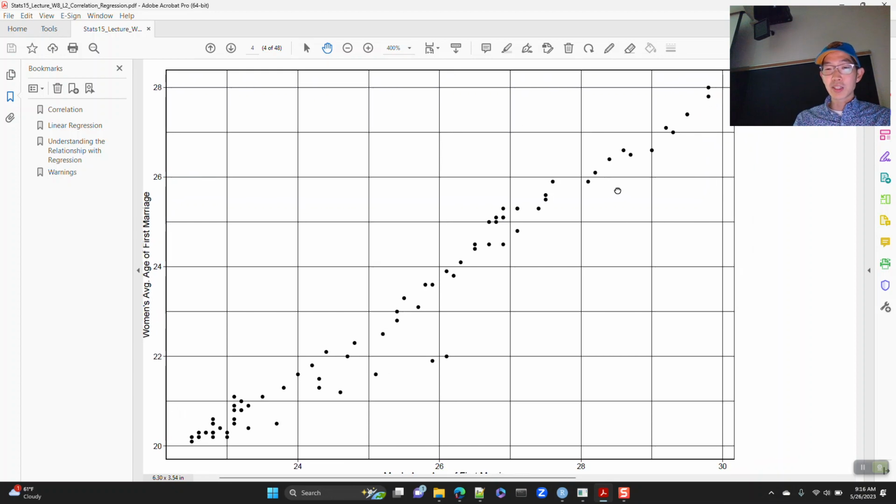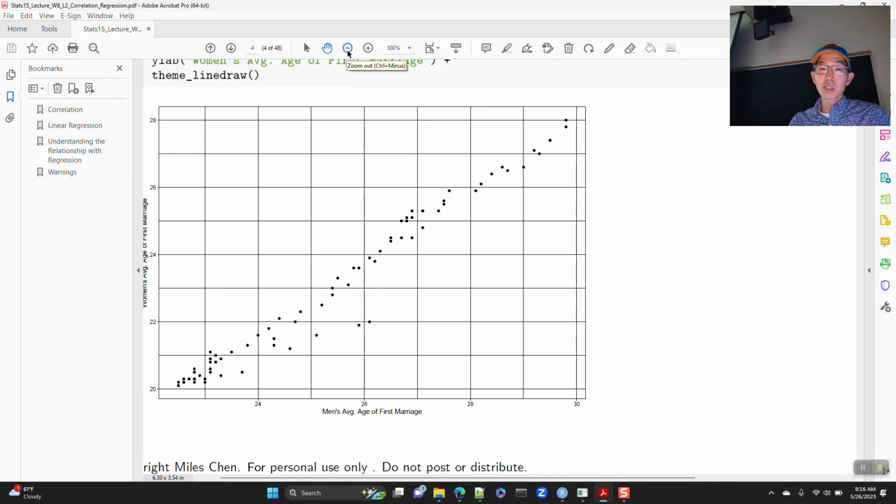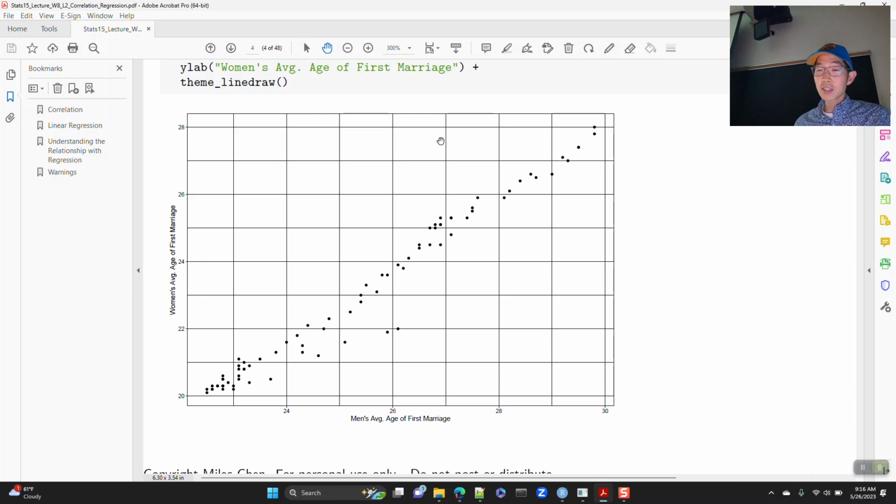And there's been times in between where average age of first marriage was 26 or 27 or 28 for the men. What we see is a very strong relationship in that in years where men's average age of first marriage was high, those also correspond to years when women's average age of first marriage is high.